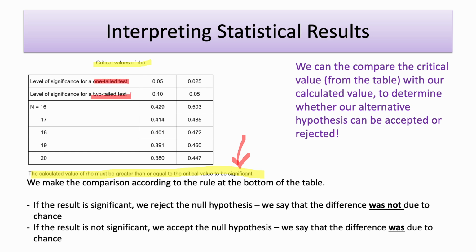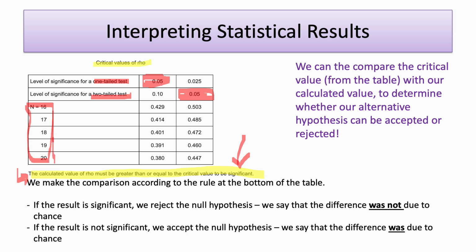So you need to find out, is your hypothesis directional or non-directional? You always use the 0.05 level unless the question states otherwise, which is here for your one-tailed, but it's here for your two-tailed. So you've got to be very careful where you're reading from, and that depends on the information you get in the question. Then you need to know your value of n, which is your number of participants, or if it's degrees of freedom, there'll be a rule given around here that you use to then calculate what n actually is.